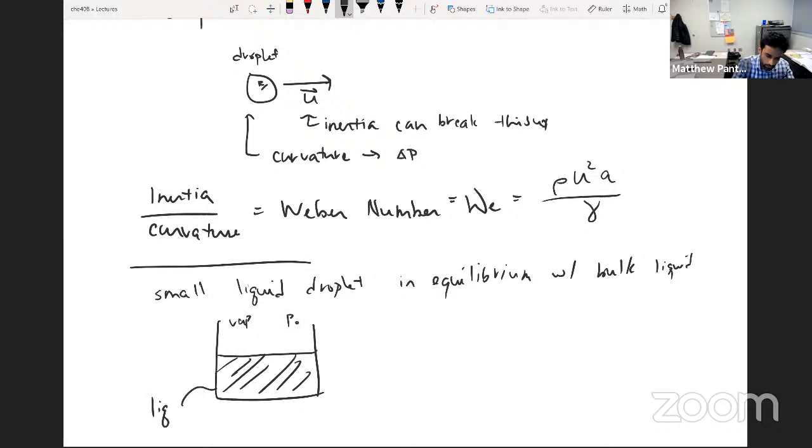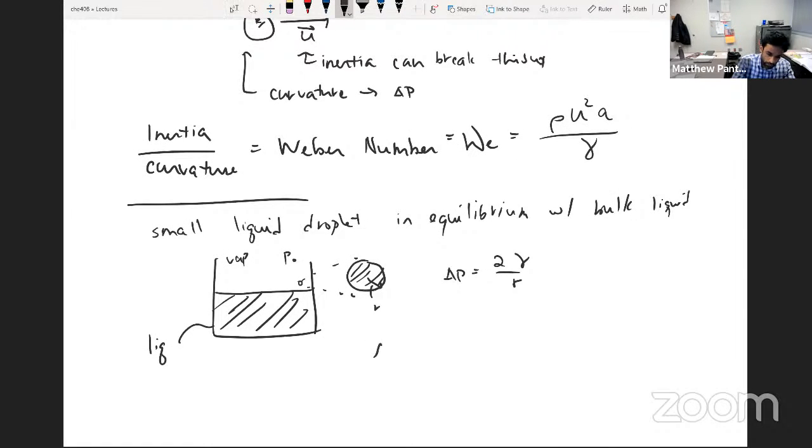It'll have some vapor pressure, we'll call P naught. And let's imagine there's just one droplet up here that's very, very close to the surface. So again, it's liquid, it has some radius r, and we know that delta P equals 2 times surface tension over r.